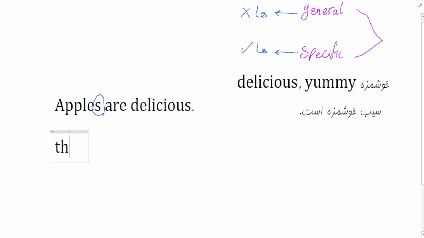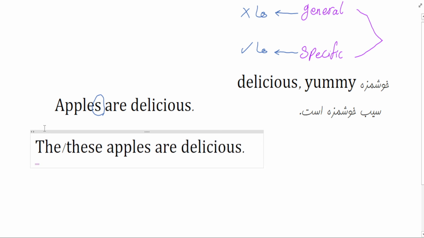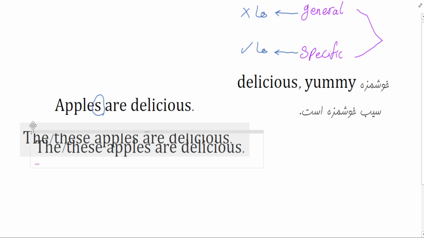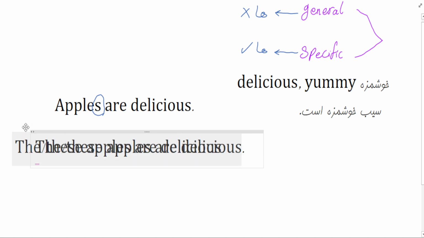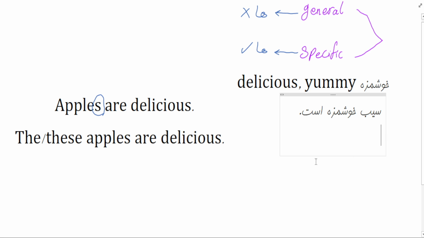Now look at the second example. Sometimes you say these apples are delicious. You might be a general fan of apples, or you may not be. You may dislike apples generally, but these ones have caught your eyes.